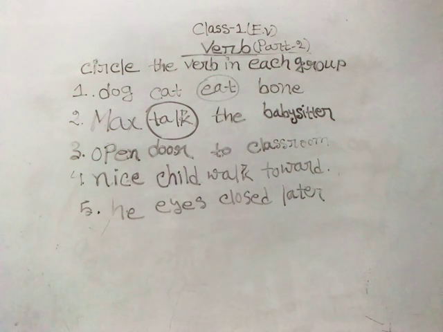So, classroom is not a verb. Rather, it's a noun. To, again, it's not a verb. Why? Because to is a preposition. As we can see, a preposition here, to is placed just before the noun classroom. So to is a preposition, and according to my instruction, I can't make a circle over to.